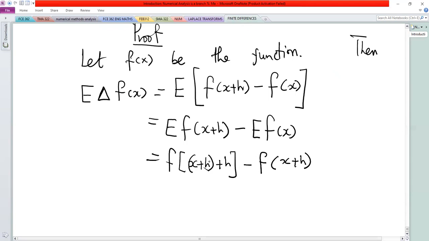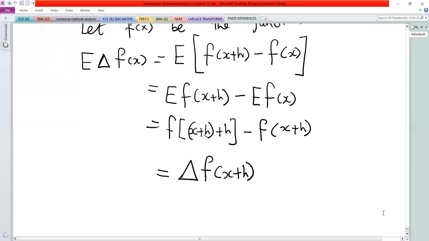And you see this is just in line with the definition of the forward of f of x plus h. And you see f of x plus h from definition is the same as the shift of f of x.